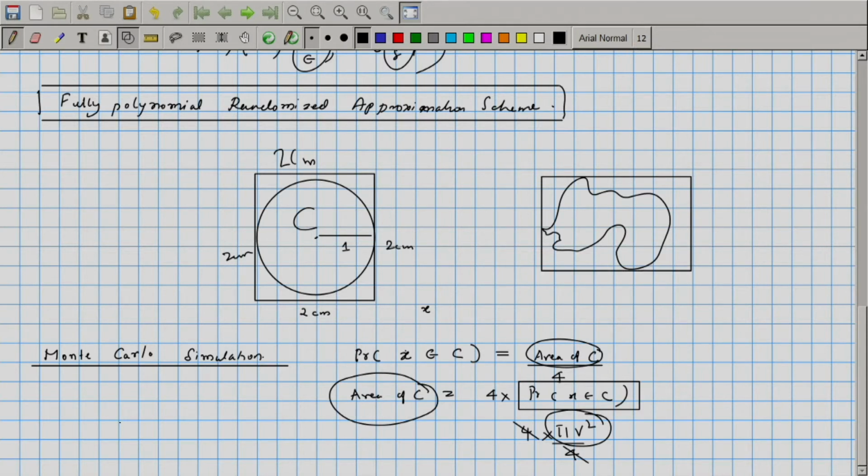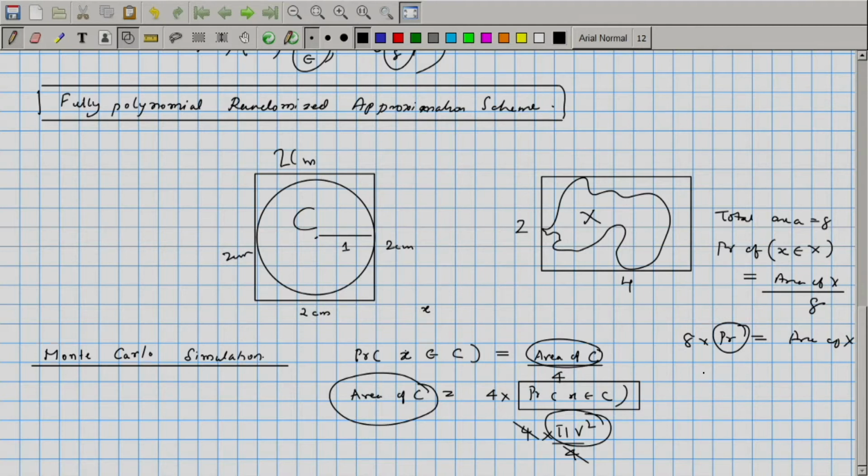Okay. So, we enclose it in a known area, let us say this side is 2 and this is 4, so the total area is 8. The probability of x belonging to that region, let us call it X, is equal to the area of X divided by 8. So, 8 times that probability is going to be the area of X. Now, how do we estimate this probability? One thing we can do is repeatedly toss points.